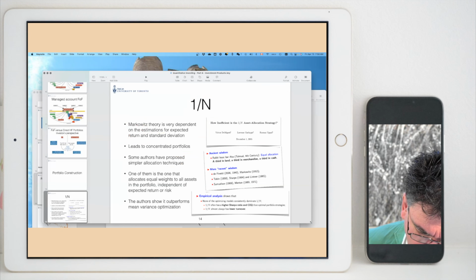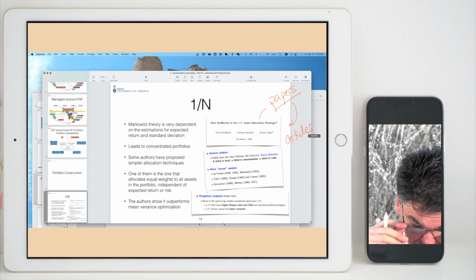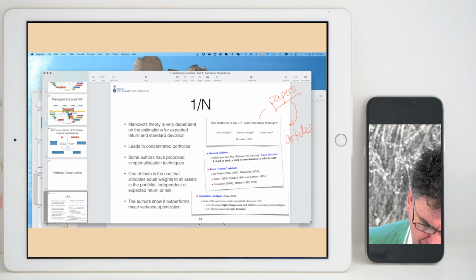And some papers, I have the papers here. These are articles, okay? Published by a few people. I have the names of the people here. Definetti, Tobin, Samuelson, and others. Okay. The leaders of this are De Miguel, Garlappi, and Uppal.